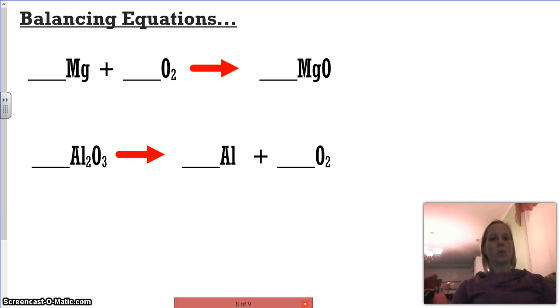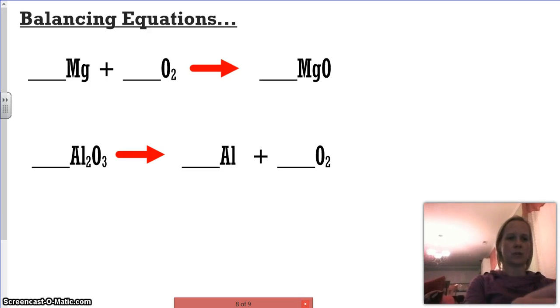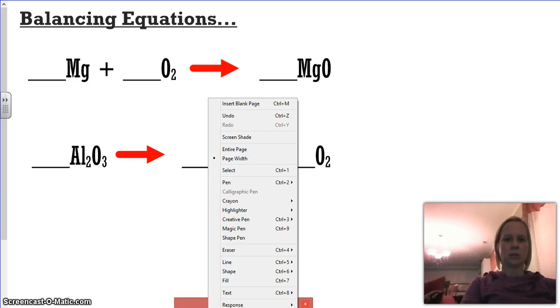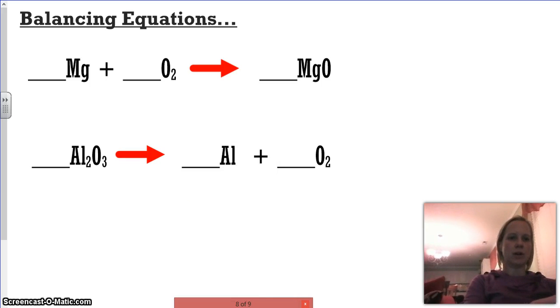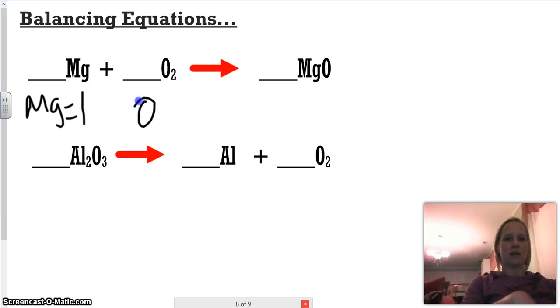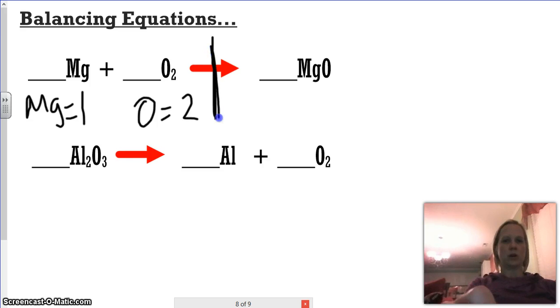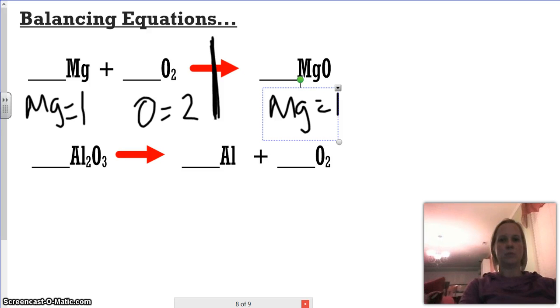Okay, so the first thing you want to do is add up all your atoms. So I'm going to put how many Mg's I have, which is 1, and how many oxygens, which is 2. And we're going to divide the equation. So I need the left side, and now I need the right side. I have 1 Mg, and I have 1 O.